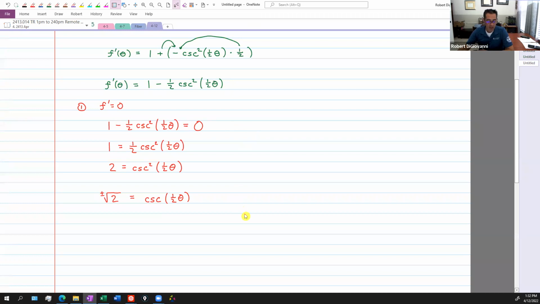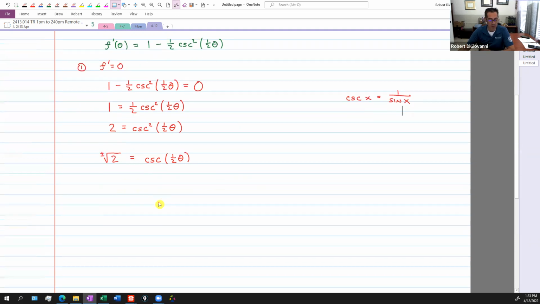All right, that might look terrible, but there is a relationship we have. And that is, back from pre-cal, cosecant x is the same as the reciprocal of sine, right? That's what cosecant means. So if I wanted to, I could switch this into a sine by doing this.